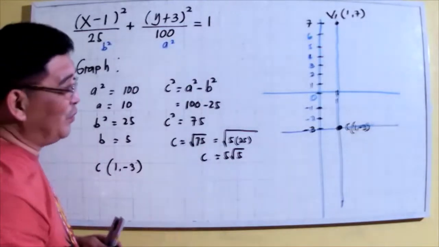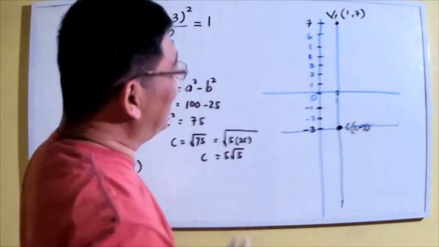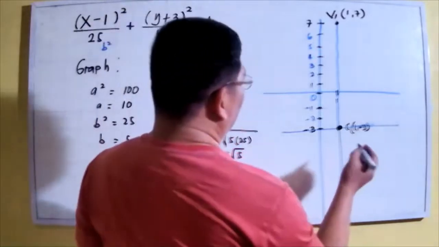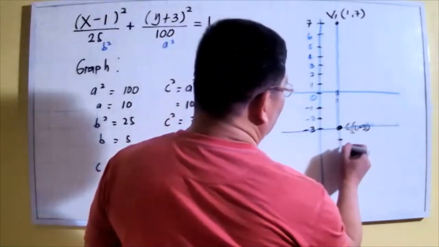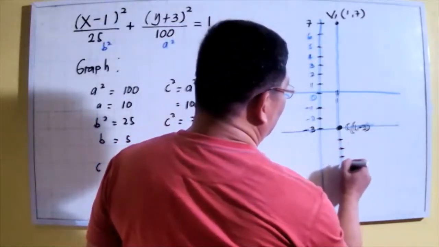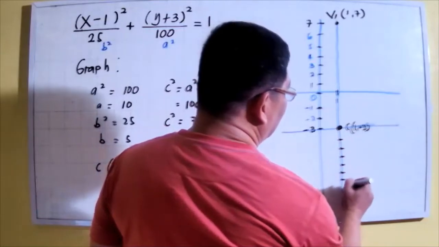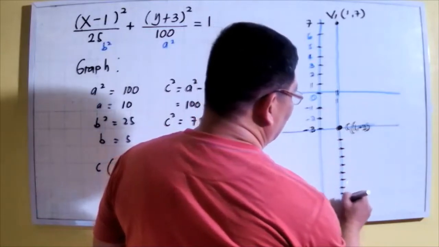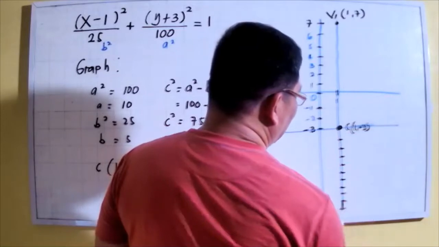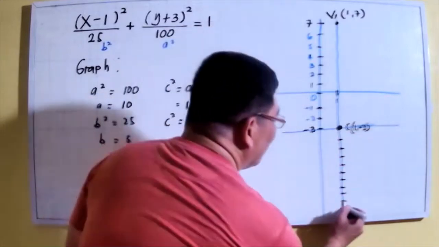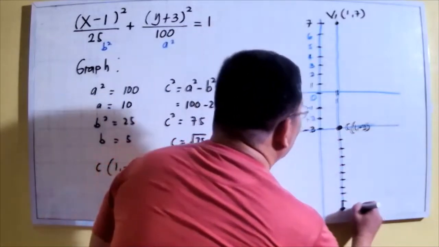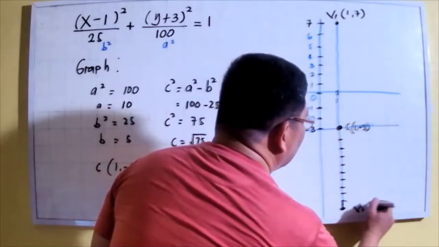Kunin natin yung vertex 2. Siyempre, 10 units pababa rin yan. We have 1, 2, 3, 4, 5, 6, 7, 8, 9. Hindi magkasya. 10. We have V2.